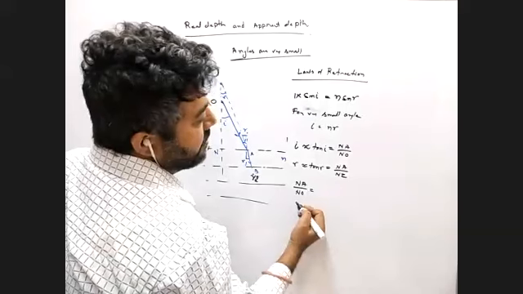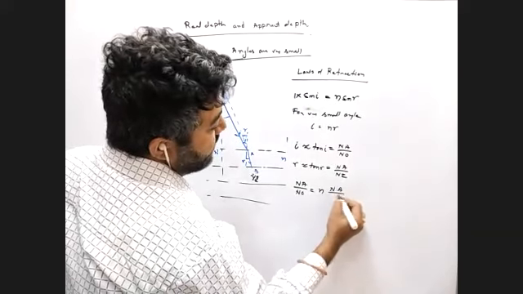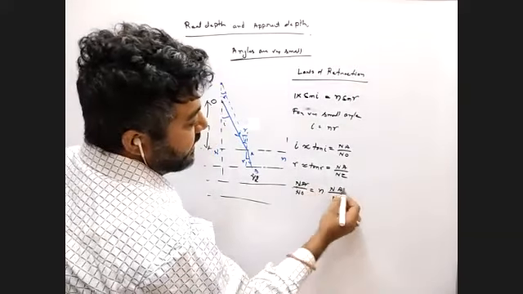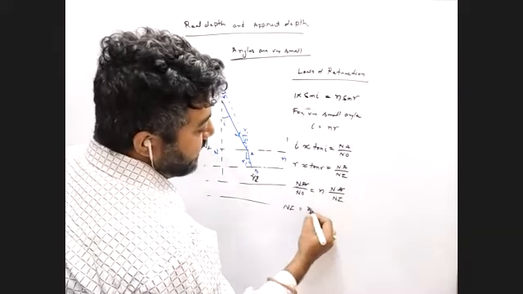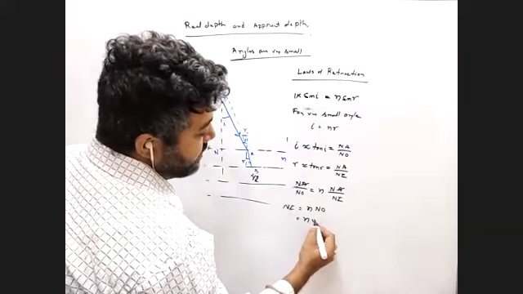Na by no is n into na by ni, so na cancels, and ni is n into no, that is n into h.